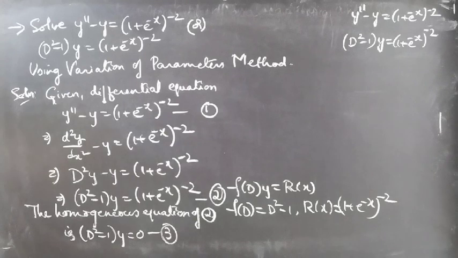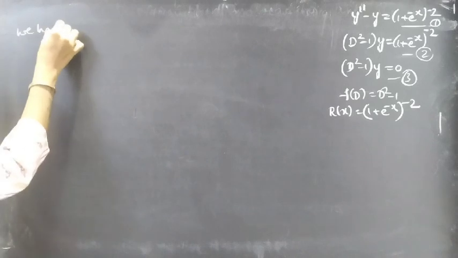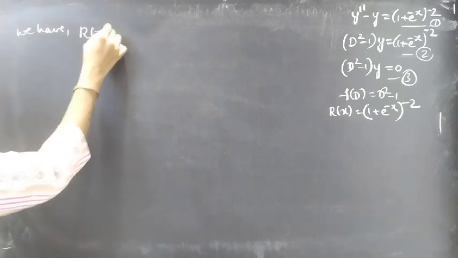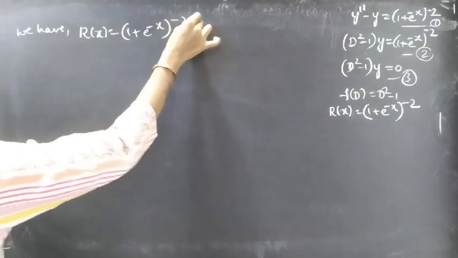Now coming to RHS. RHS equals 1 plus e power minus x raised to the power minus 2, right? We have r of x equals 1 plus e power minus x raised to the power minus 2.